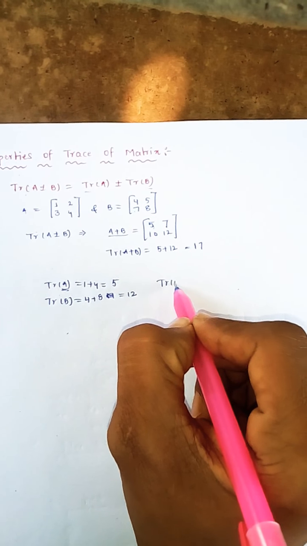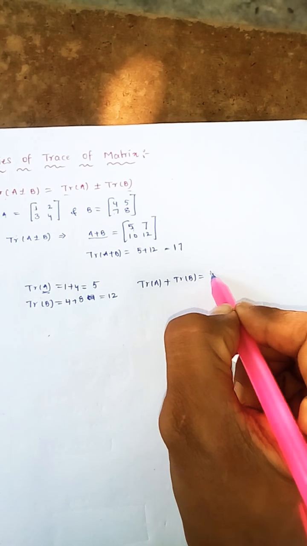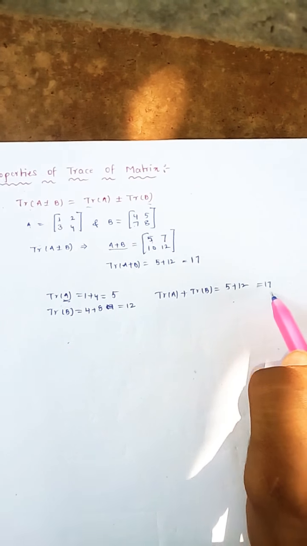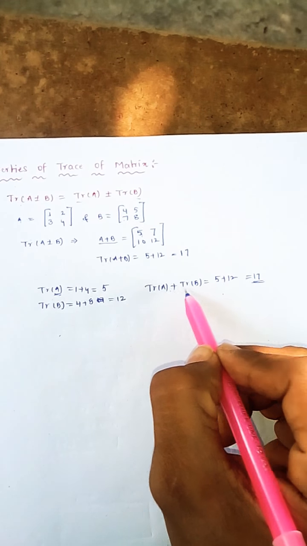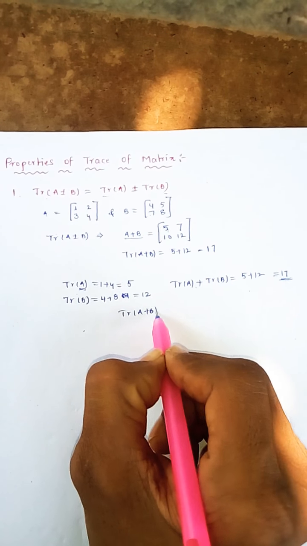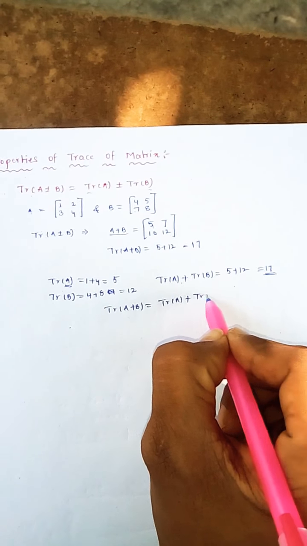Now trace of A plus trace of B is equal to 5 plus 12, that is equal to 17. From this you can observe that trace of A plus trace of B is 17 and trace of A plus B is also 17. Therefore, trace of A plus B is equal to trace of A plus trace of B.